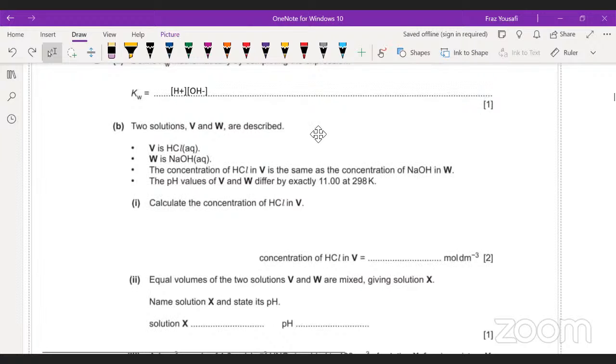Let me go back to the screen. Sorry about that. So here's what we're looking at. The acid concentration should be equal to your base concentration. This is what they've asked us to remember.